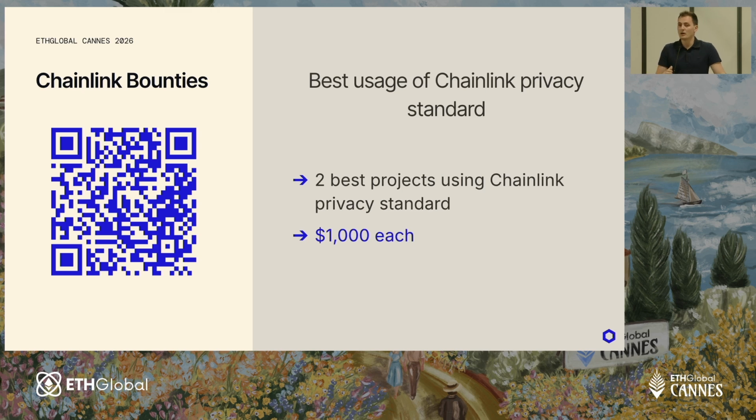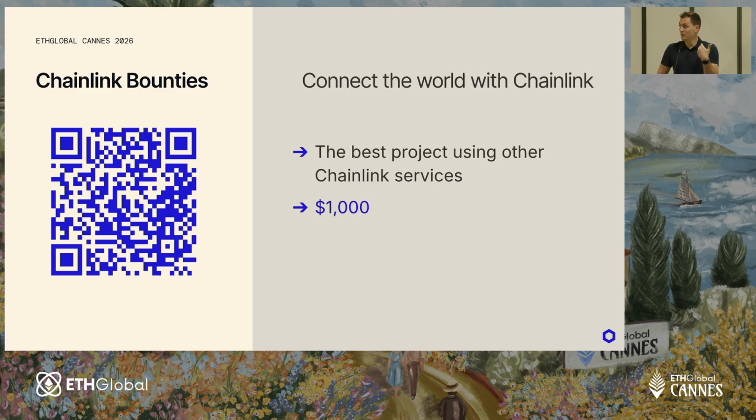Of course, we are all for combining Chainlink with other blockchains and other sponsors over there. And Chainlink is a big platform having a lot of features. So we also have the Connect the World with Chainlink bounty, which is 1K for the best project using any other Chainlink service, from price feeds to CCIP and everything in between.